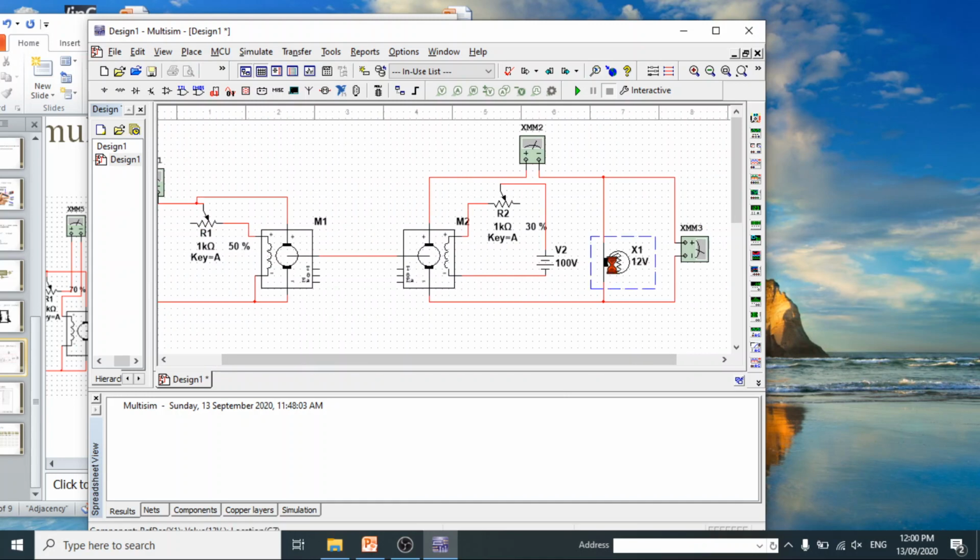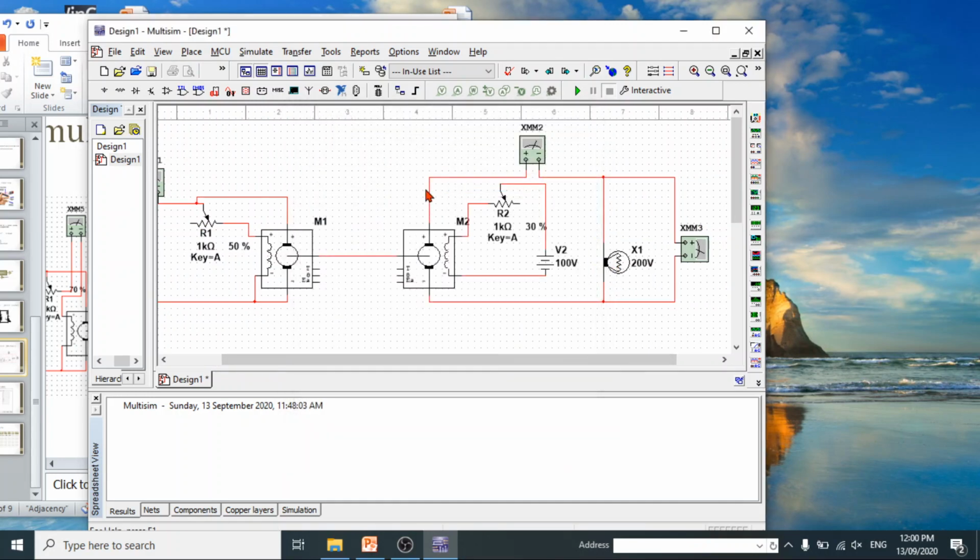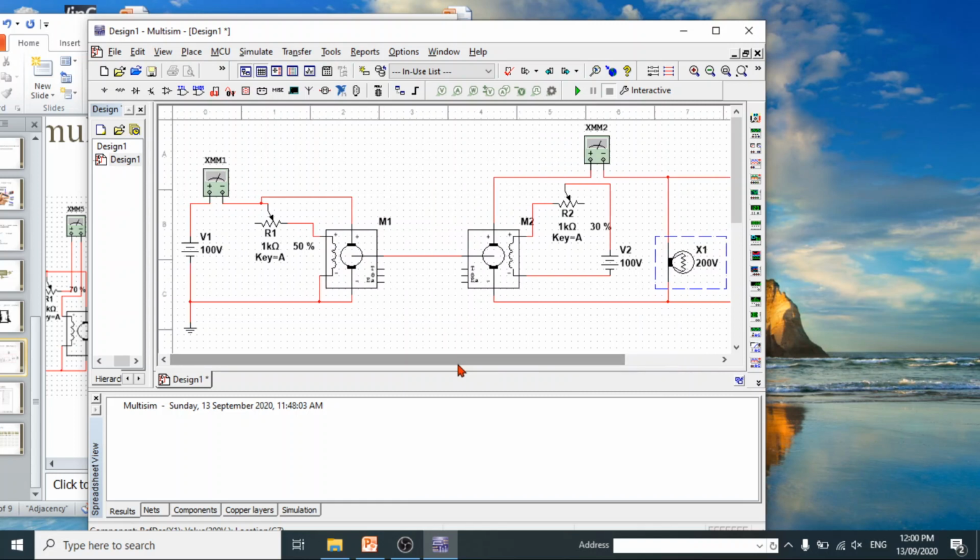So for the lamp, try to have 200 volts as its rated voltage, and then to measure the speed, we'll use this icon. Click this one and place it in between the shaft of the motor and generator. You may adjust it.